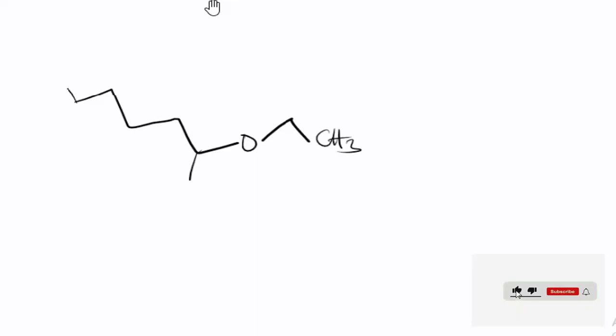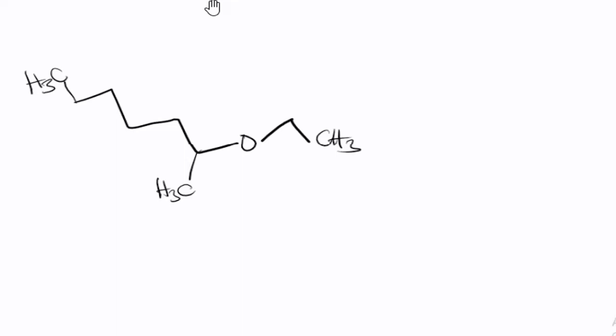So I have 1 2 3 this way, and then I have this way, and I have O, and I have this way, and I have CH3, then I have this. Okay, let me add one more of this here, and then CH3.